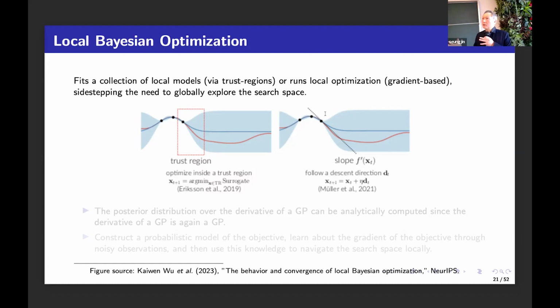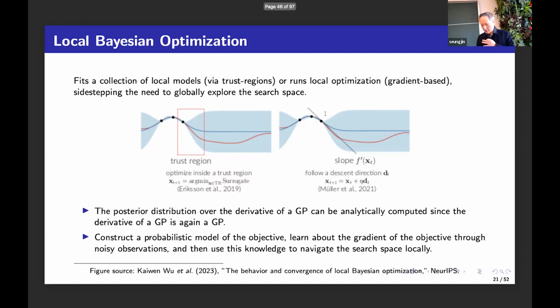Using the data points you have, you estimate the gradient information, and using that information you do gradient ascent or descent. That is also a popular local technique.